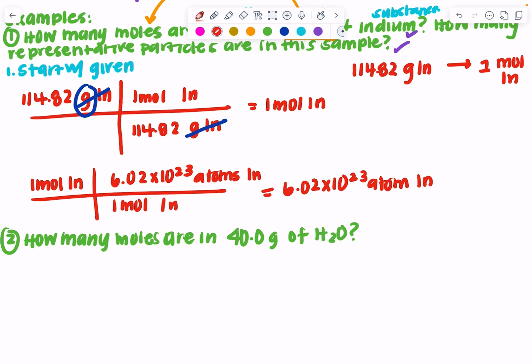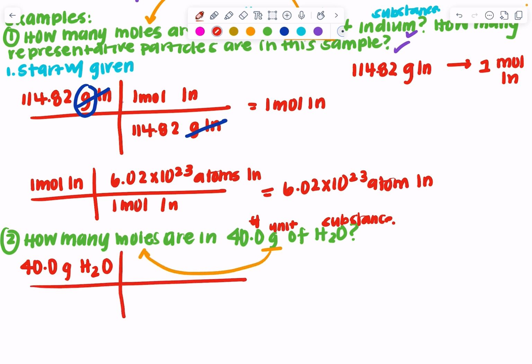And we're given 40 grams of H2O, a number, a unit, and a substance. Okay? We're going from grams to moles. So we know that there must be a relationship between moles of H2O and grams of H2O.